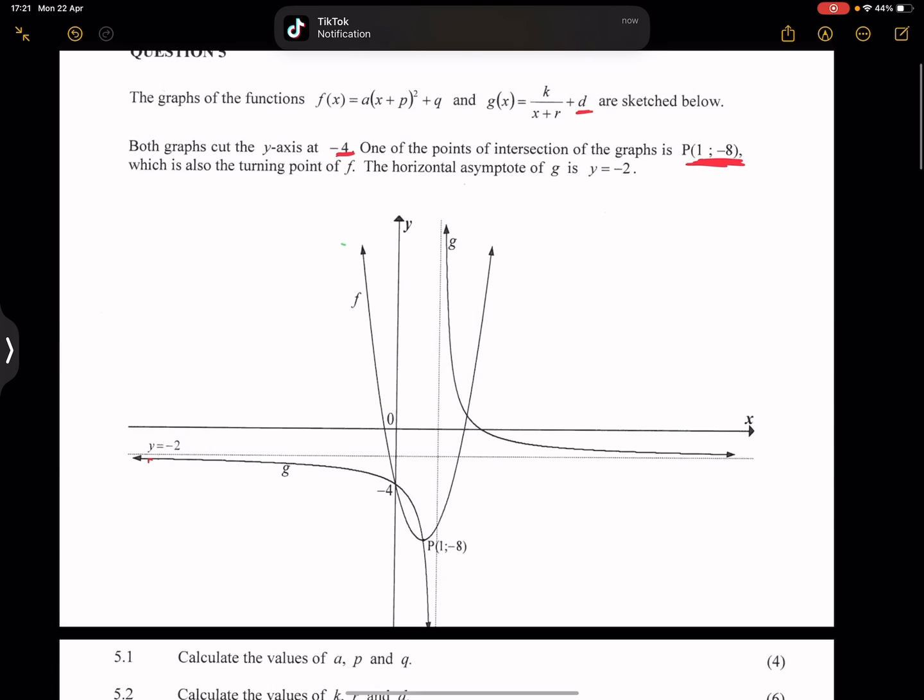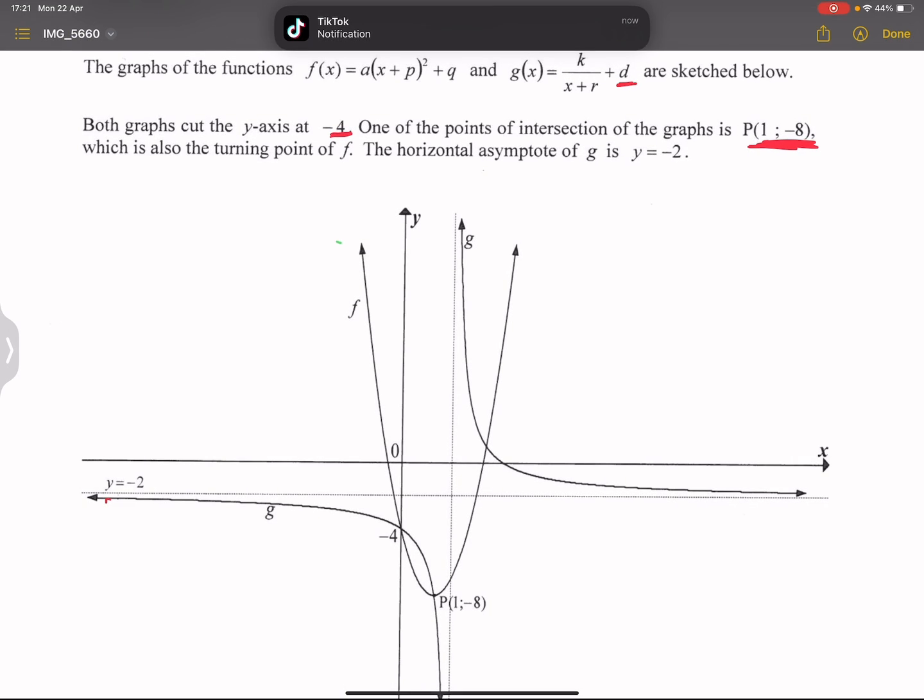Now I want you to note, if I were to shift the graph upwards such that this point here sits on the origin, what would my graph look like? So it would be something like this.